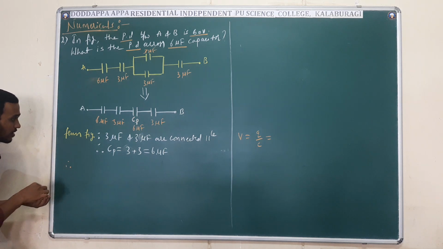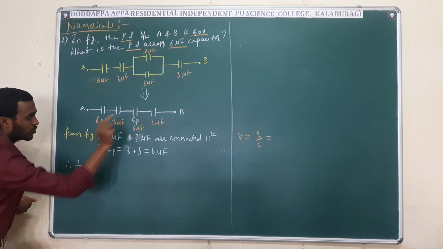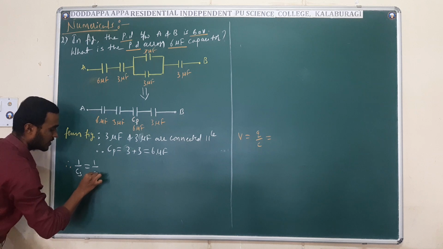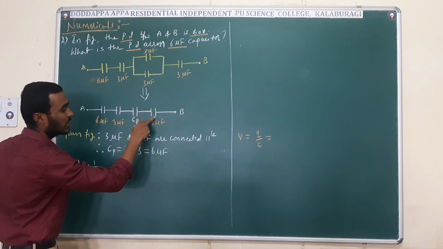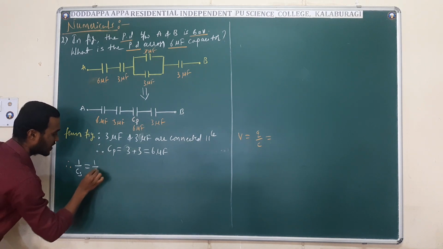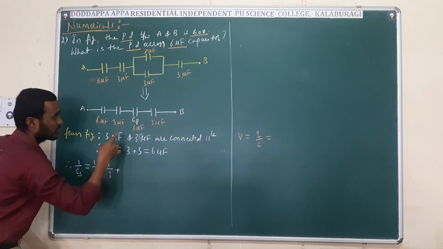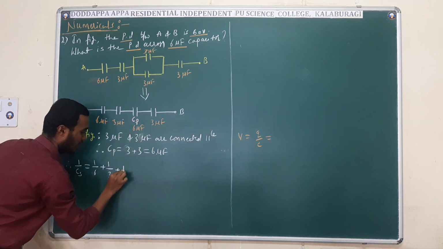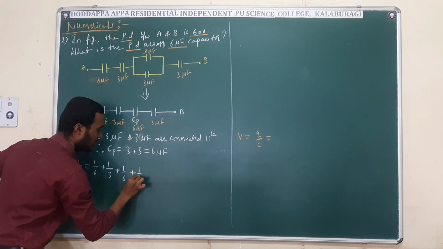1 by Cs, series I am applying to this: 1 by C1 plus 1 by C2 plus 1 by C3 plus 1 by C4. So directly I will write the values only. It is 1 by 6 plus 1 by 3 plus 1 by Cp, which is again 1 by 6 plus 1 by 3.